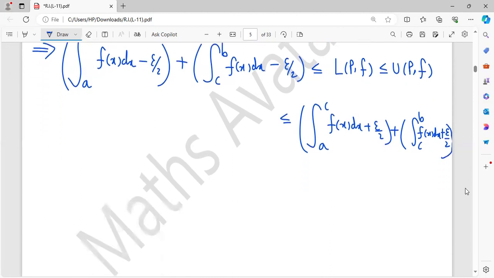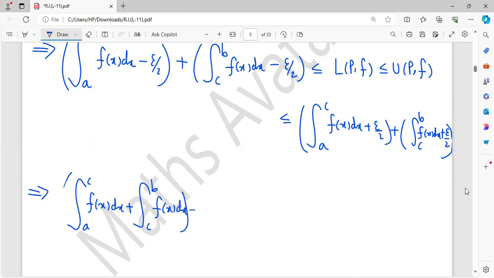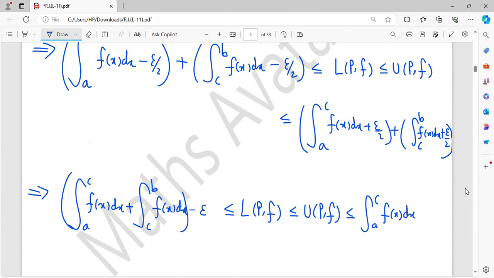So what do we have? The integral from a to c of f(x) dx plus the integral from c to b of f(x) dx minus epsilon is less than L(P, f), U(P, f), which is less than the integral from a to c plus the integral from c to b, plus epsilon.